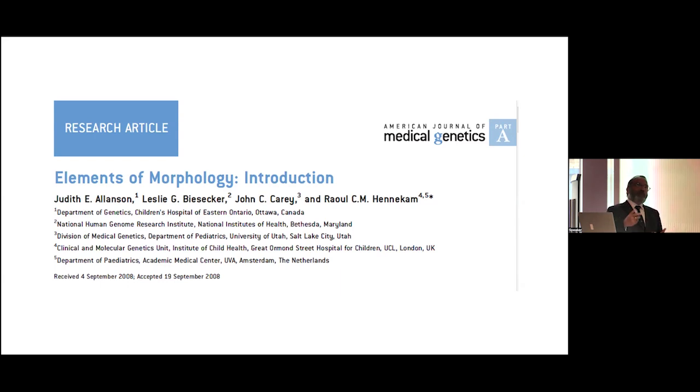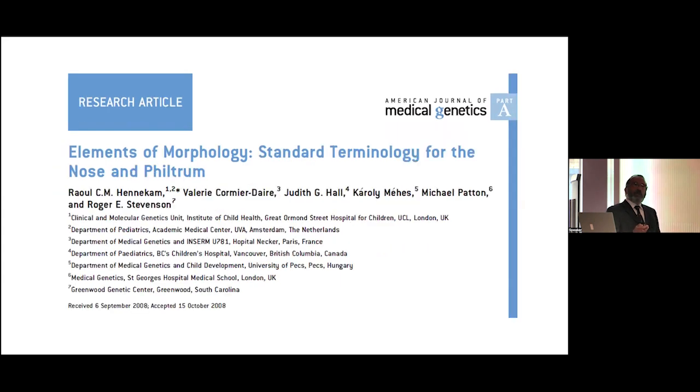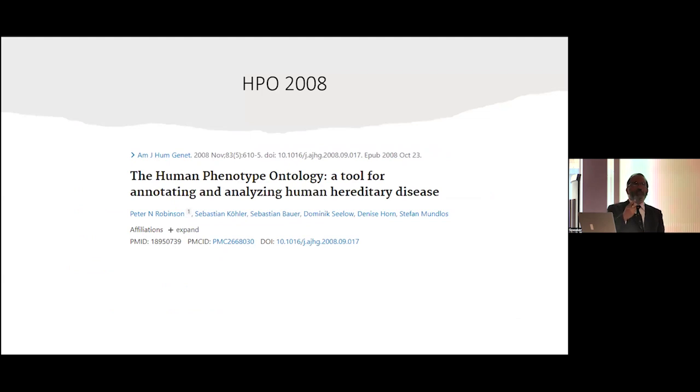It came out as a series of papers in the Journal of Medical Genetics as elements of morphology, describing various features about the nose, the face, ears, hands, and that was an improvement in attempting to standardize descriptions. And in 2008, the first paper on the Human Phenotype Ontology came out.